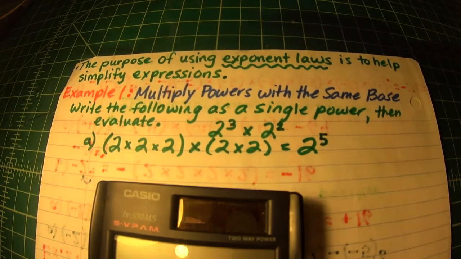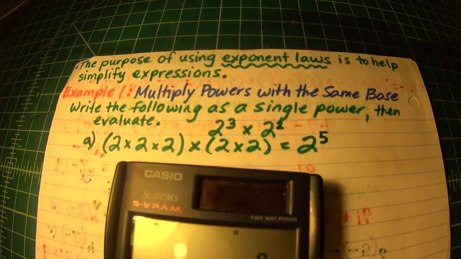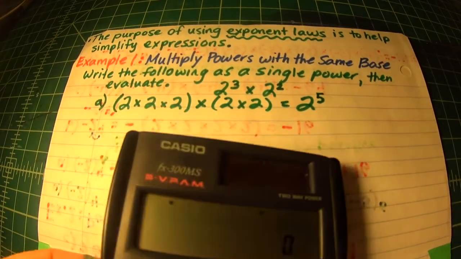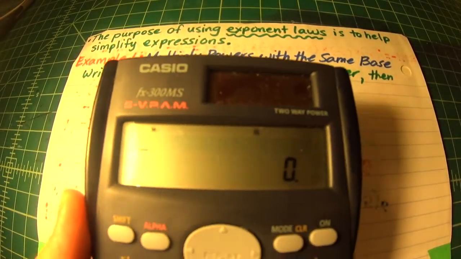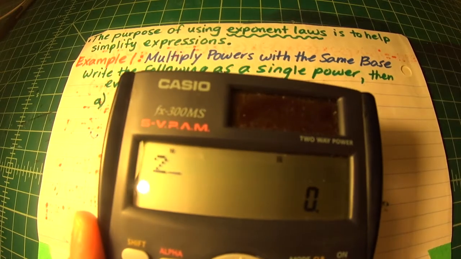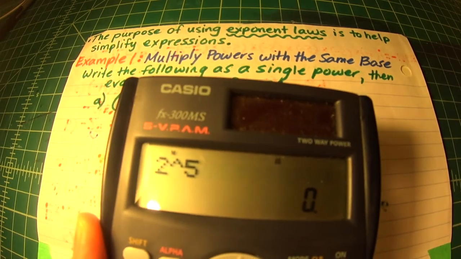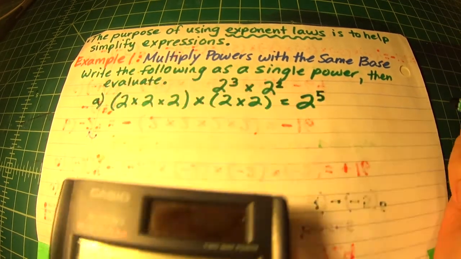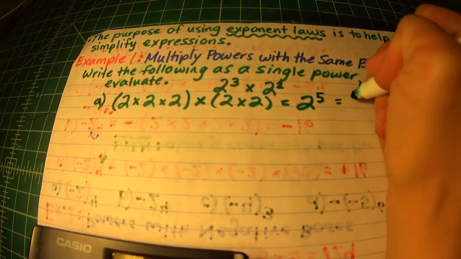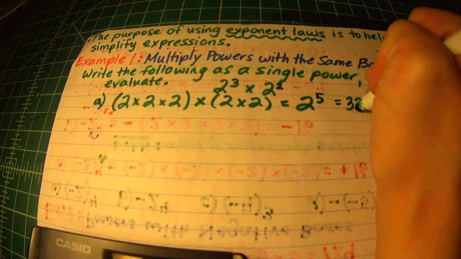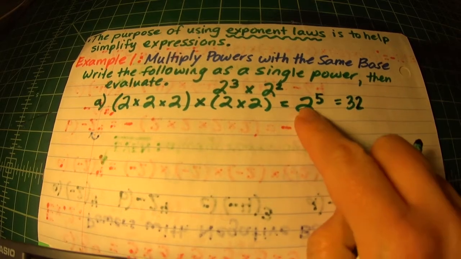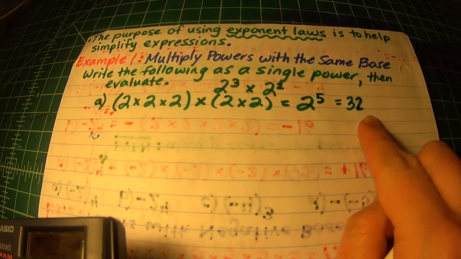So now, to evaluate, I can just enter this into my calculator. 2, exponent key, 5, equals, and there it is, 32. So there's my single power, and I've evaluated it.